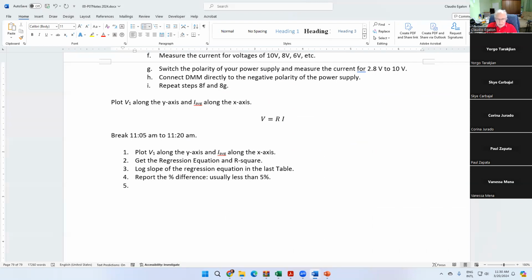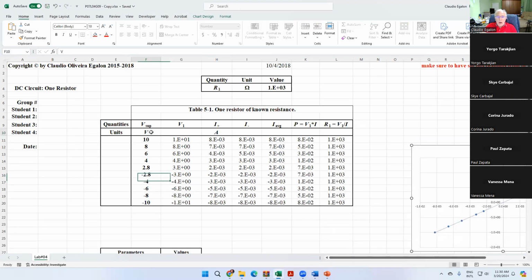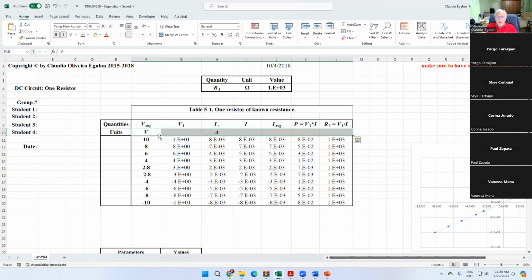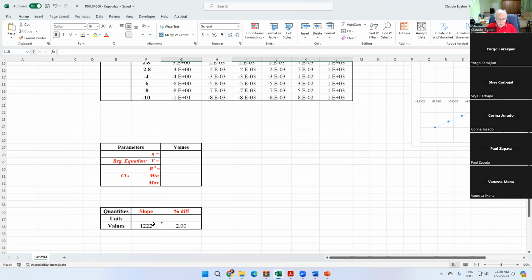Once we are done with that, then work on the units, right? Units. All the units go here. Don't forget units. You must have units here and here. No units for those, right?